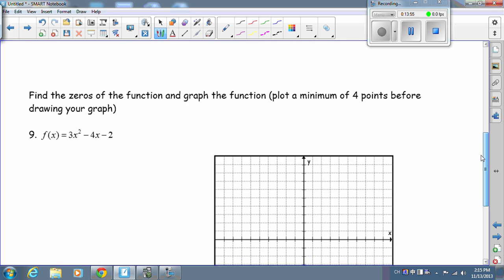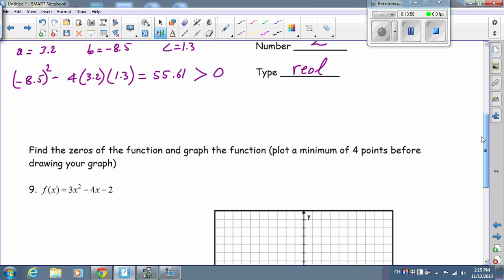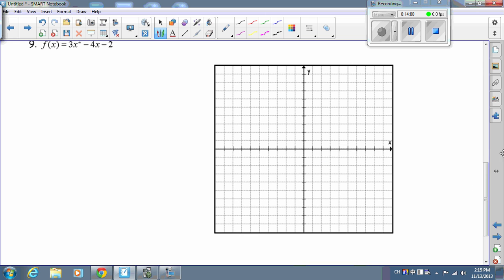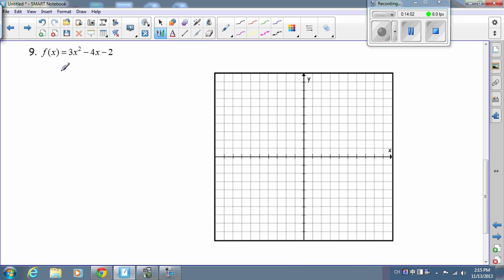All right, the last one, we're trying to find the zeros of this function, and we're trying to graph it as well. So I will identify a to be 3, b is negative 4, and c is negative 2. Well, the discriminant first.